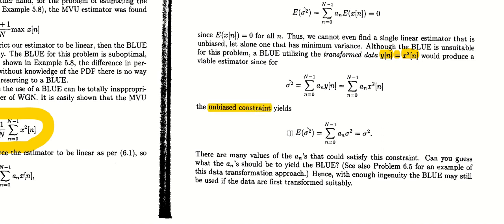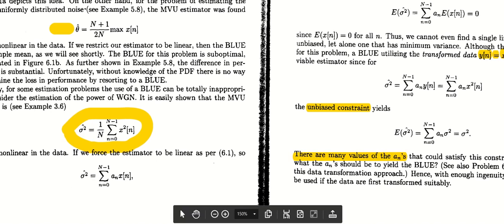As a result, if you just take summation a_n equal to 1, then the whole summation will be equal to sigma squared, right? So there are many values of a_n that satisfy this constraint. But can you guess what the a_n should be to yield the BLUE? I guess we already have answers, right?